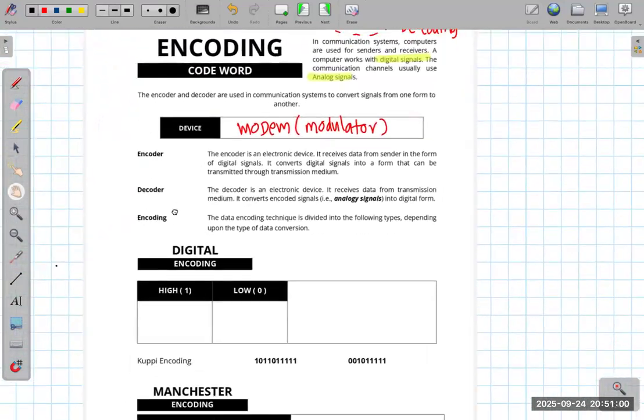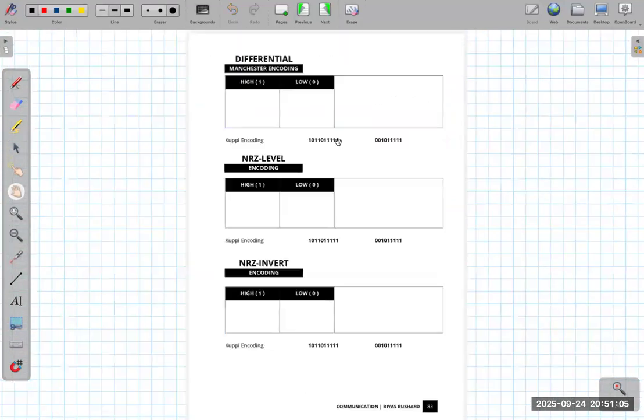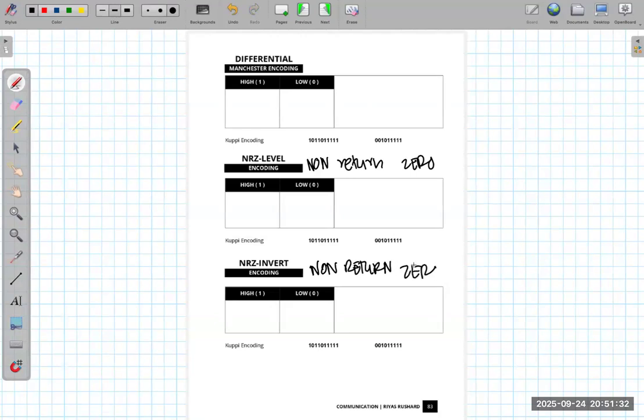They are Manchester encoding, Differential Manchester encoding, non-return to zero level, and non-return to zero invert.